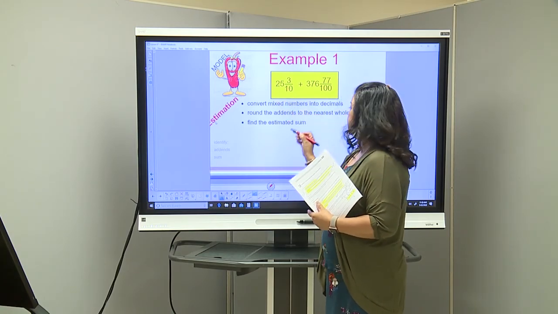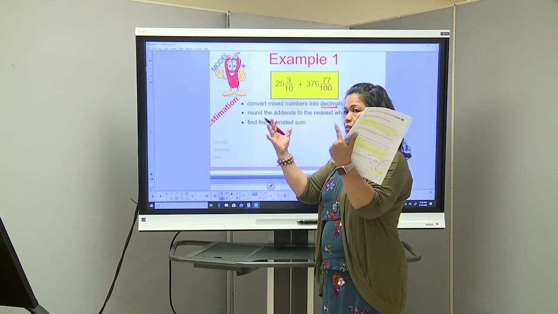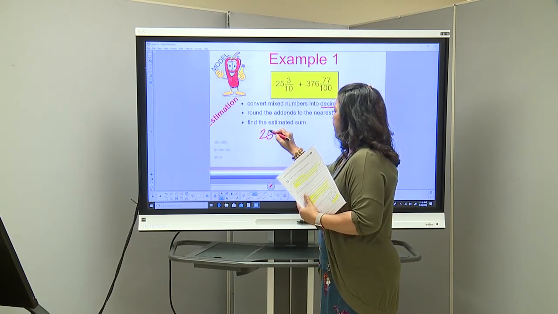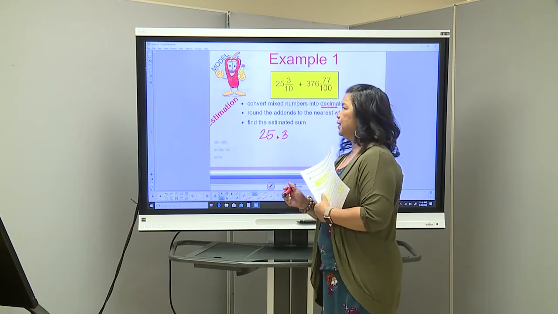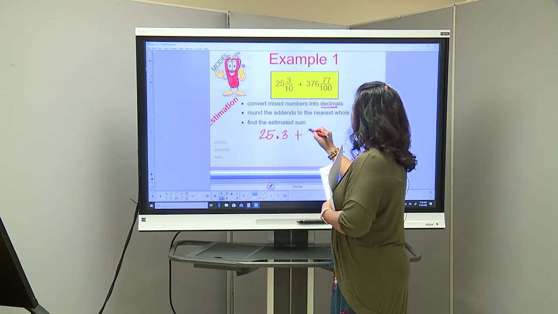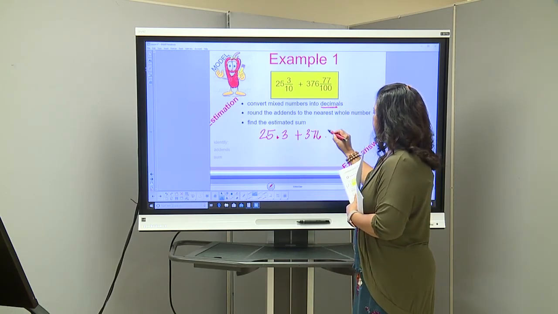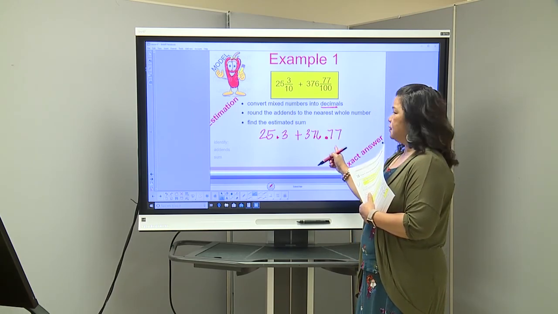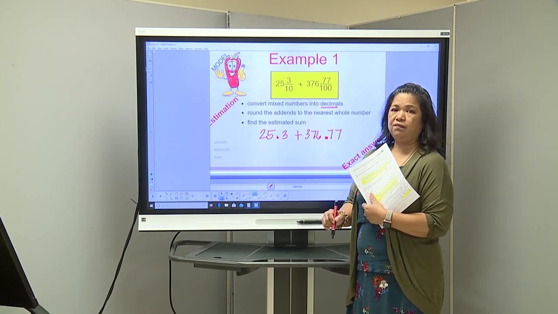If I write that as a decimal, the way I read it is the way I am going to write it. 25 and 3/10, tenths place, plus 376 and 77 hundredths, in the hundredths place.